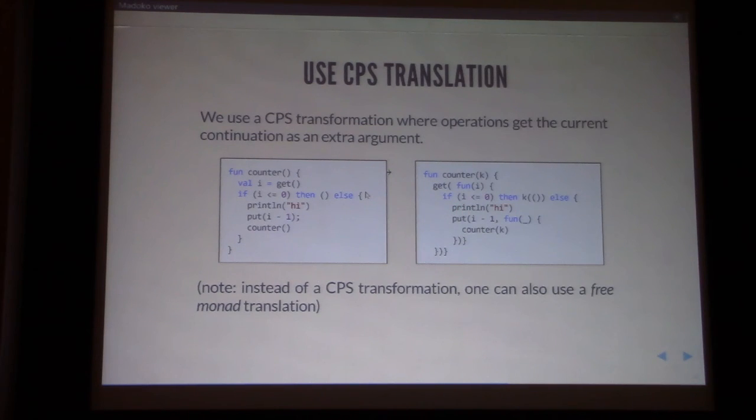Anything that doesn't use a user-defined effect will not get translated. And here it's very important that Koka, when it infers the types, is truthful, because it uses those types to guide this compilation scheme. If I cheated somewhere, everything would not work. So it's very important to have truthful type inference here.